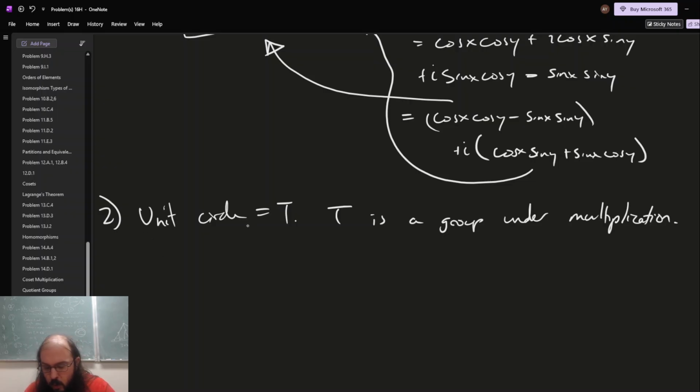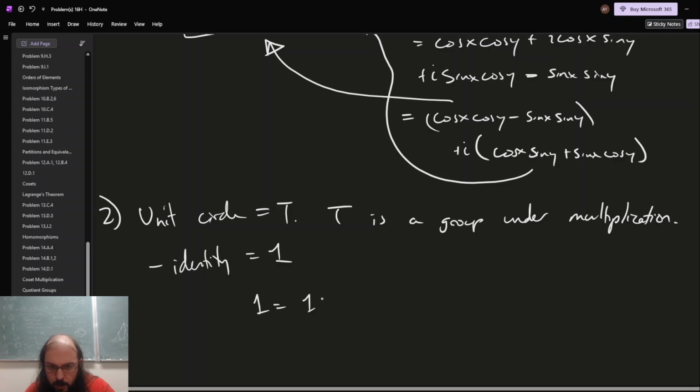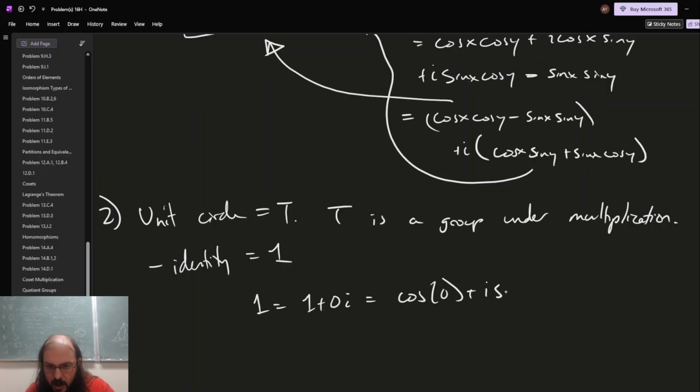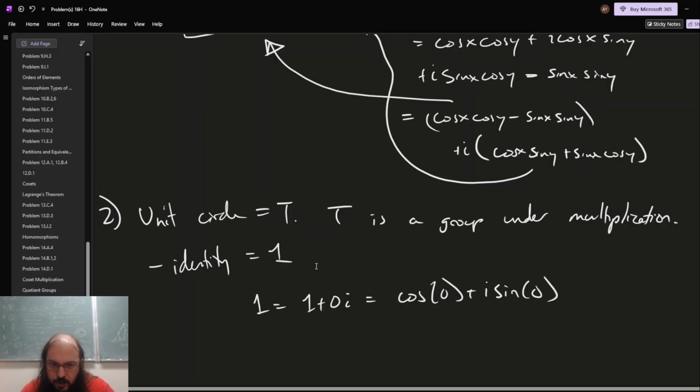And so of course, the identity is the complex number 1. 1 is equal to 1 plus 0i, or cosine of 0 plus i sine of 0, right? Sine of 0 is 0, cosine of 0 is 1. So this is a perfectly good element of this group.